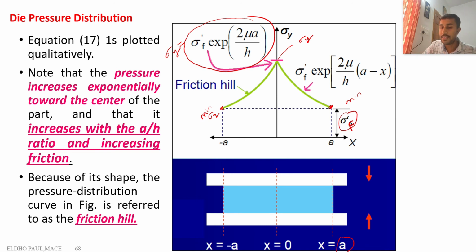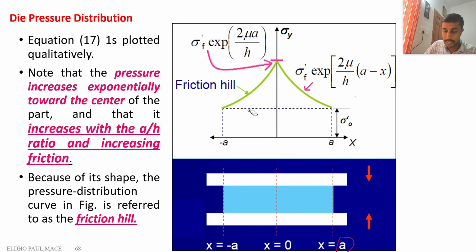But at these two points sigma f dash is active, and these are the minimum values. So this is called the friction hill. It is the variation of the pressure, or vertical stress, in the material during forging. In this material, maximum stress is experienced in the center region and minimum stress is experienced in the surface region.